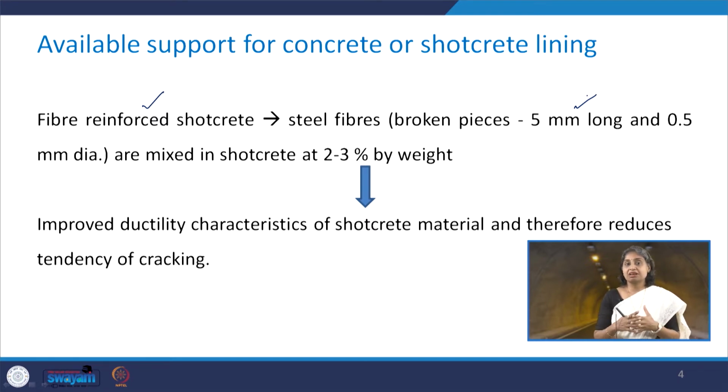When you mix these in the shotcrete at 2 to 3% by weight, the ductility characteristic of the shotcrete material increases, and hence the tendency of the shotcrete for cracking reduces drastically. So, sometimes we go for the fiber reinforced shotcrete to reduce the tendency of cracking of shotcrete alone.